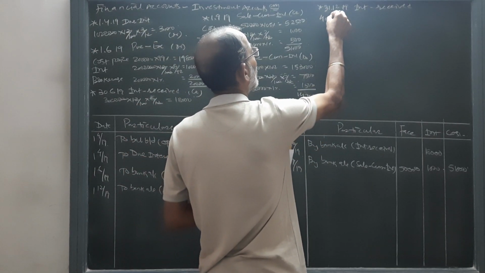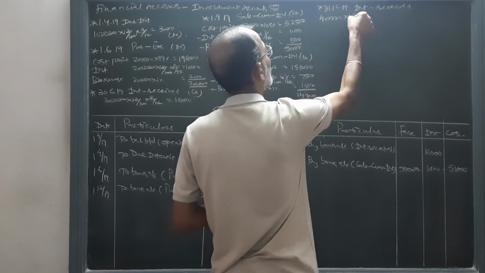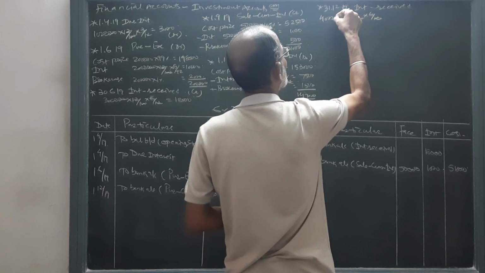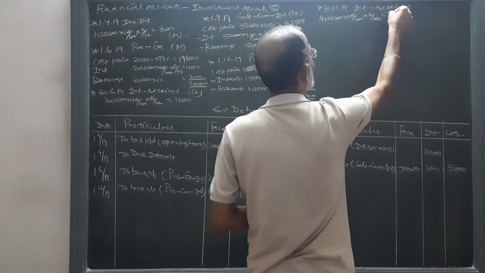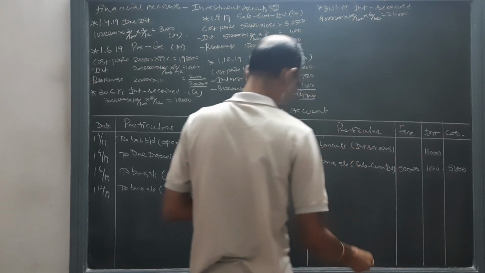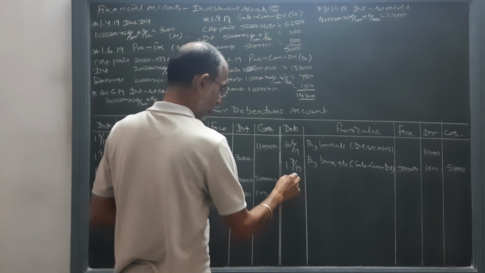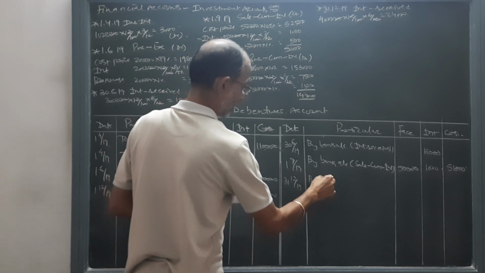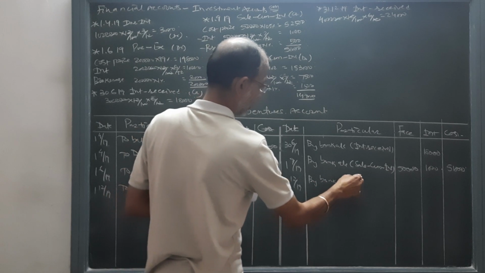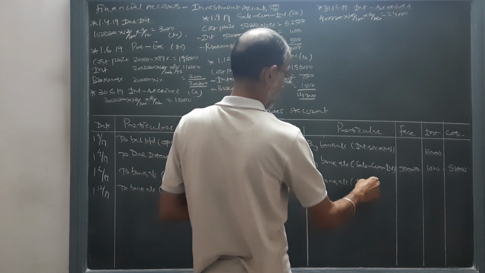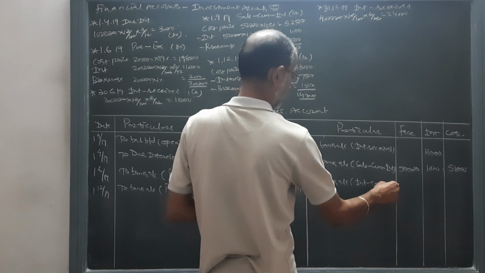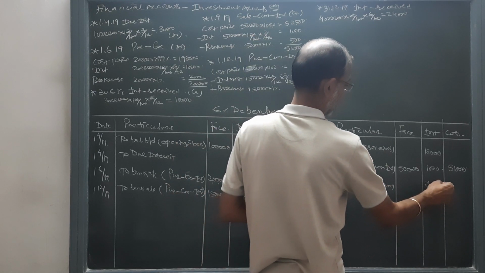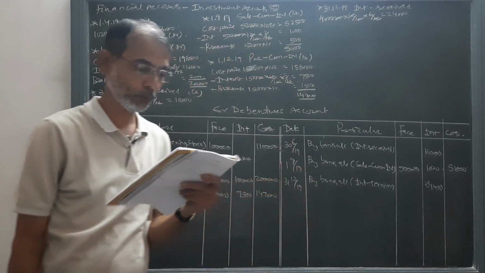So on 4 lakh at 12% for 6 months, that will be 24,000. So on 31st December 19, by bank account, interest received 24,000.